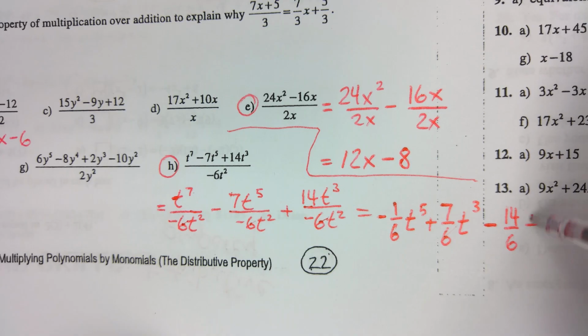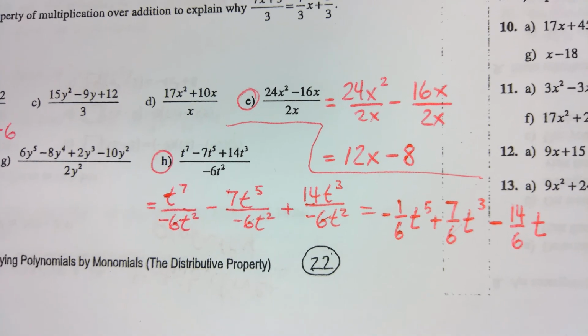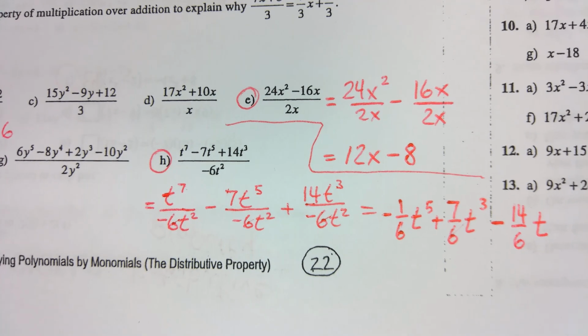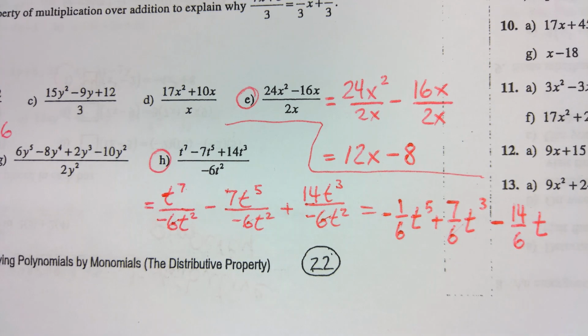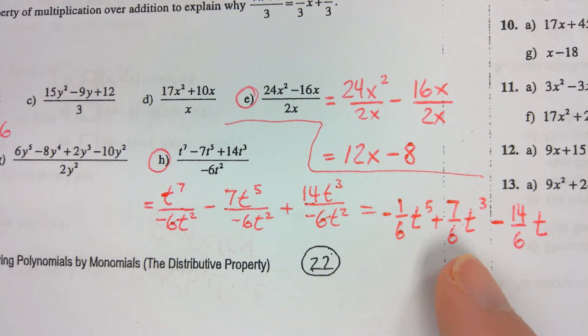Yeah, good. All right, if you leave this as your final answer, you lose half a mark. Where did I lose half a mark? 1 and 1/6. Can I combine these two together?